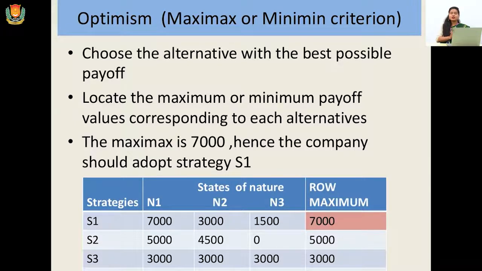In the optimism criterion, we have to choose the alternative with the best possible payoff. But what does the best possible payoff mean? If you are talking about time or cost, obviously a manager will take the decision that completes the particular task in minimum time and minimum cost.